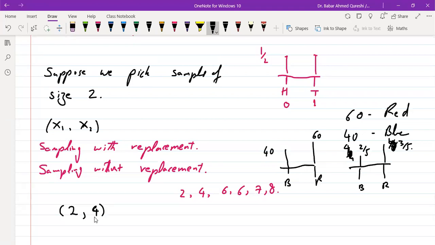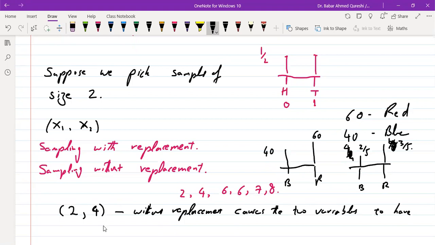So the probability distribution of the second variable gets affected a little bit depending on what I have picked first. This happens when you are doing without replacement. It causes the two variables to have different probability distributions.